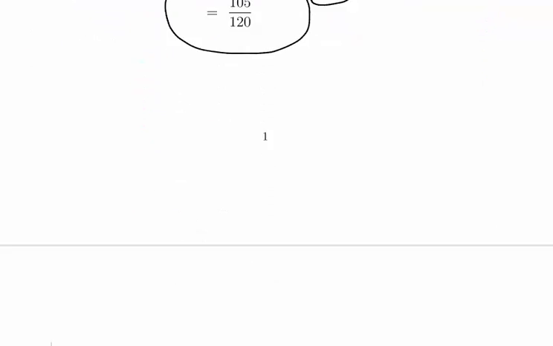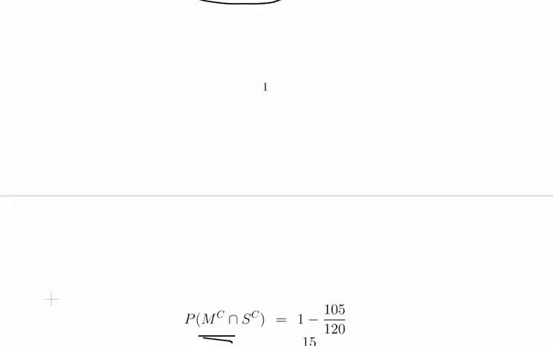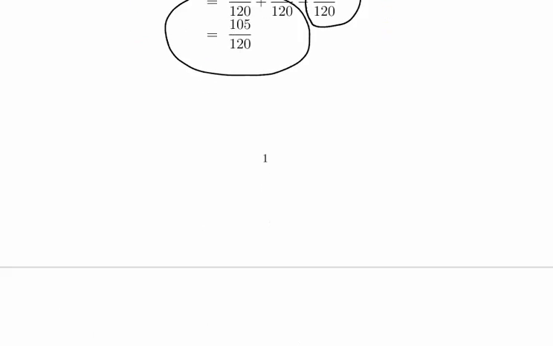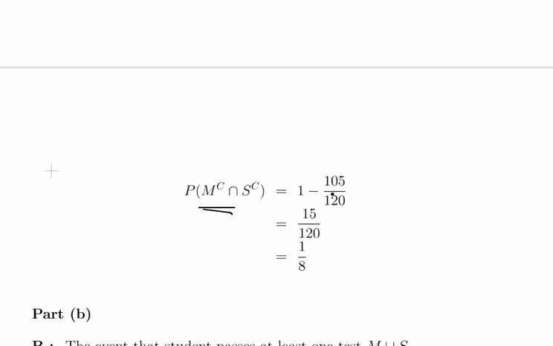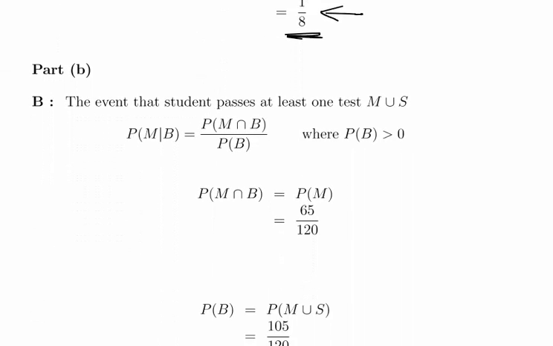But that means that 15 people have failed both tests. It's the complement of that 105. So 1 minus 105 over 120 is 15 over 120, and that is equal to 1/8. So that is our answer there. Okay, 15 out of our 120 have failed both exams.